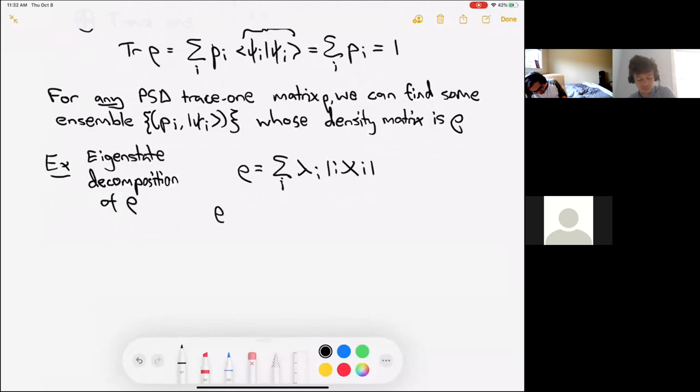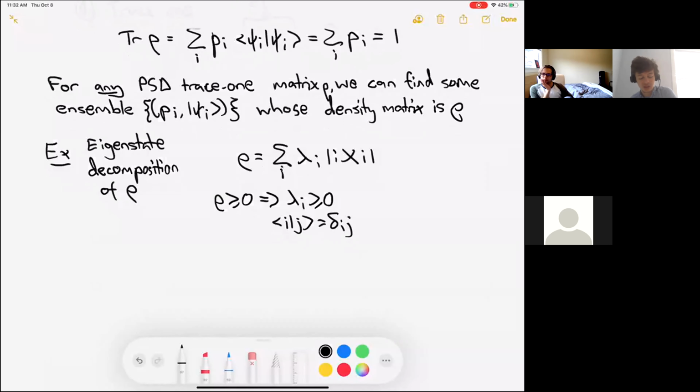Moreover, because rho is positive semi-definite, these lambda_i's are greater than or equal to 0, and the states |i> are all normalized by construction. They're actually orthonormal in this case, so that's not terribly important.